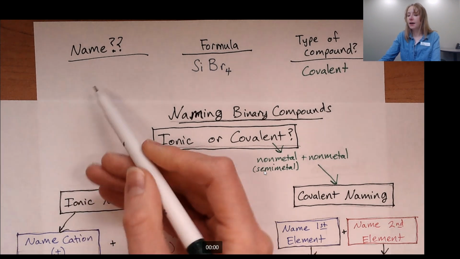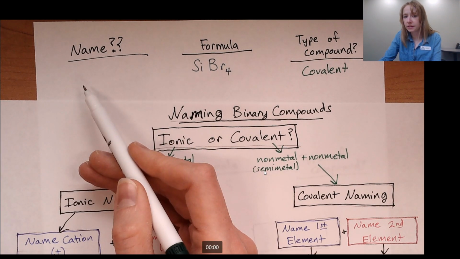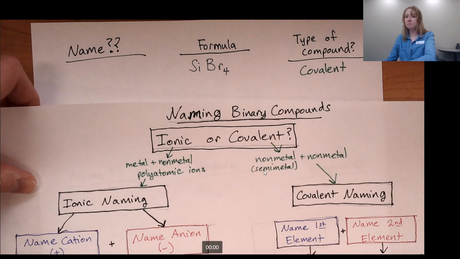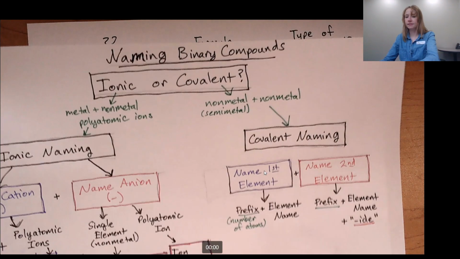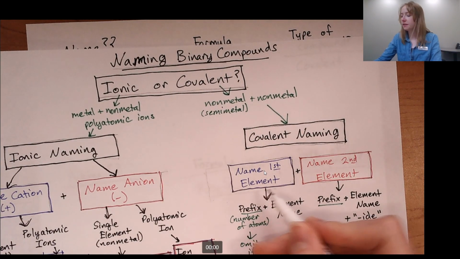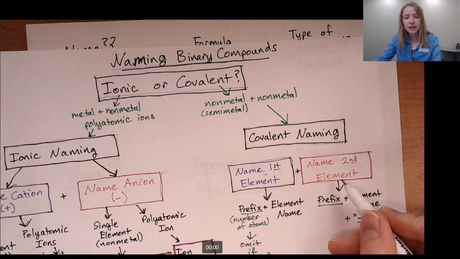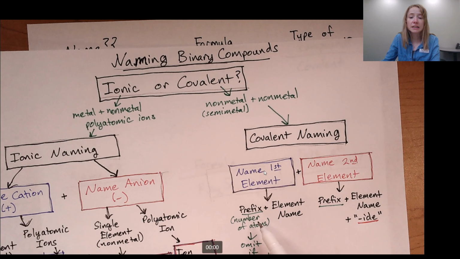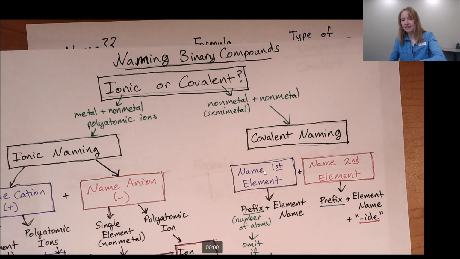Okay, now we need to determine the name of this compound. So I'm going to use my covalent naming scheme, which is this half of the table. So to name this, we just need to name the first element and then name the second element. And those names are going to consist of a prefix, which indicates the number of atoms of that element and the element name. And then for the second element, that ending is going to get changed to IDE.